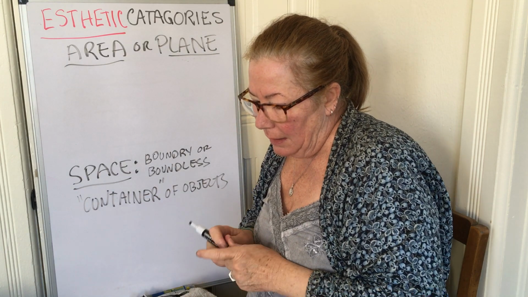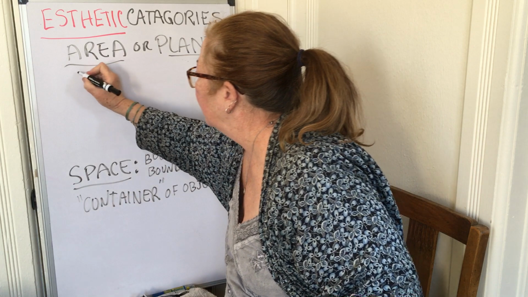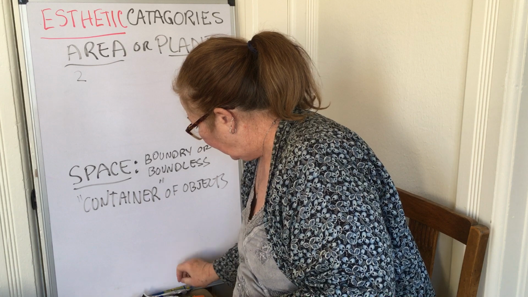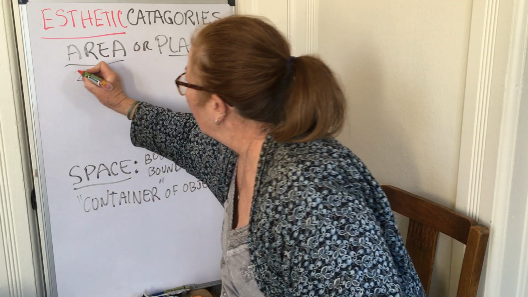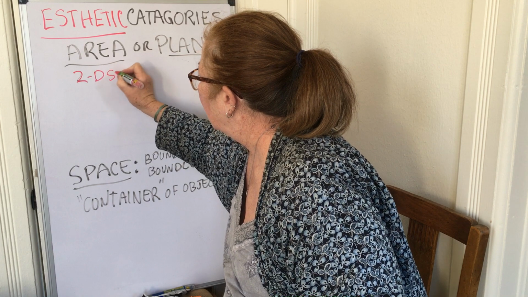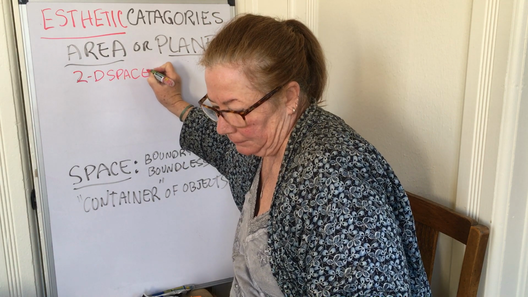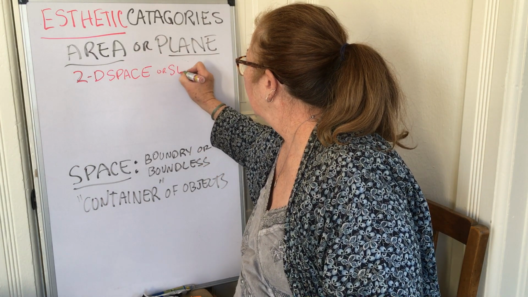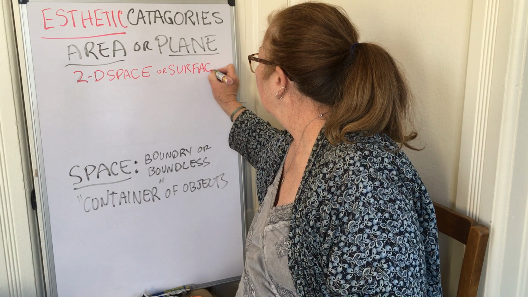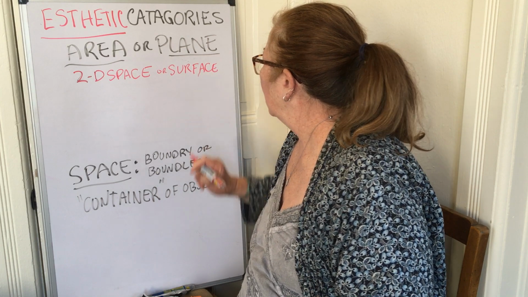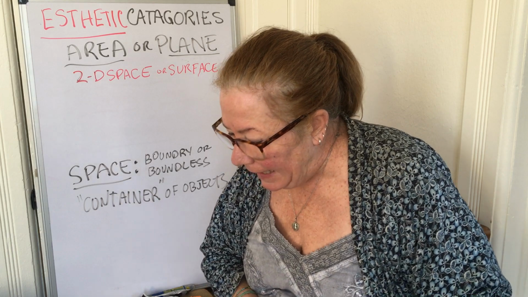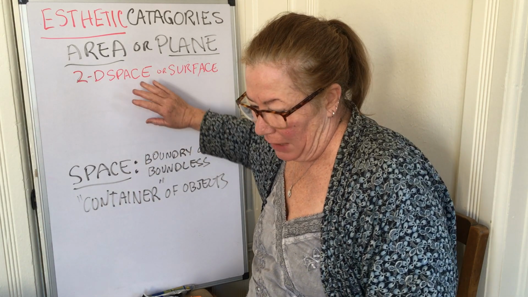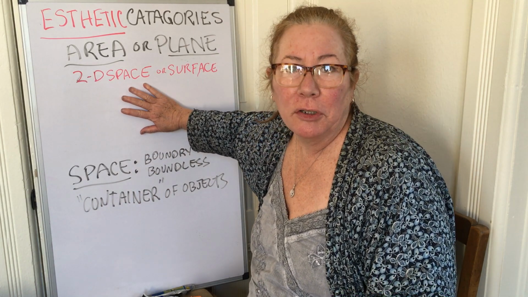So the area or plane is a two-dimensional space, usually referred to as a surface. Okay, and a plane is flat. So this board I'm writing on would be like a plane, right? It's flat, and it's a two-dimensional area.